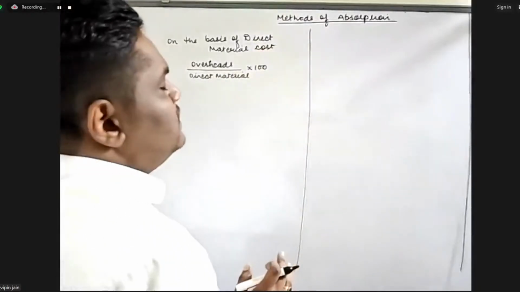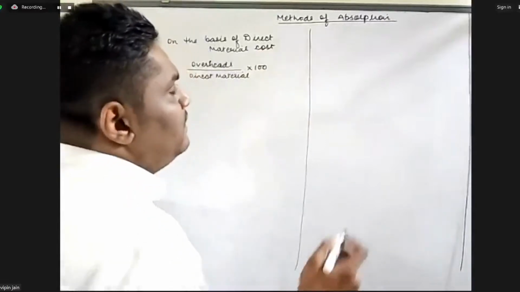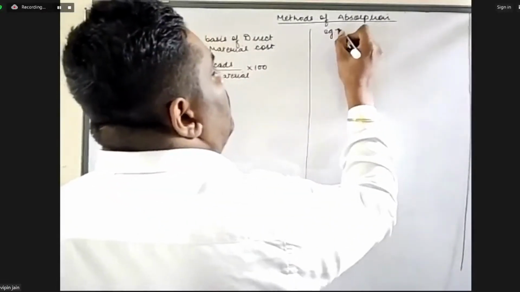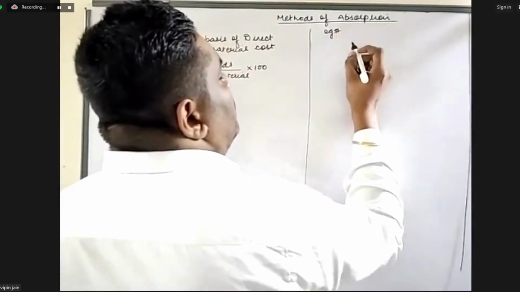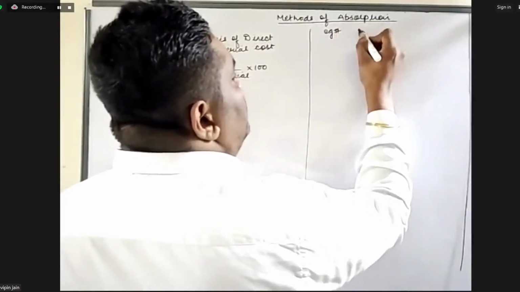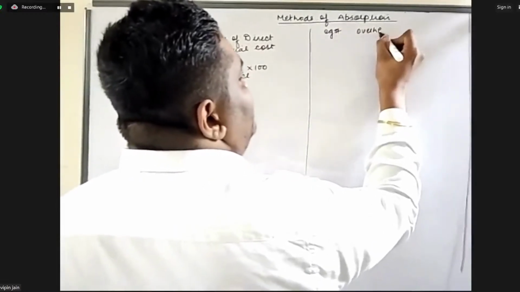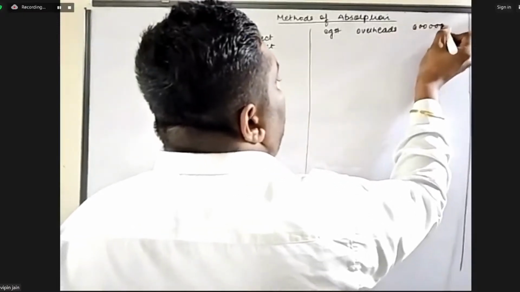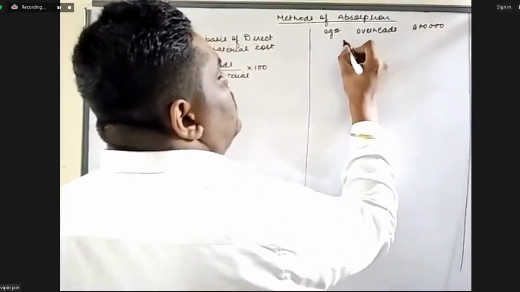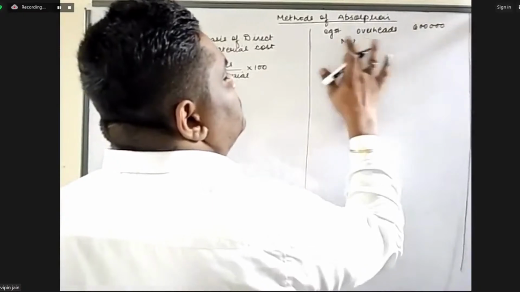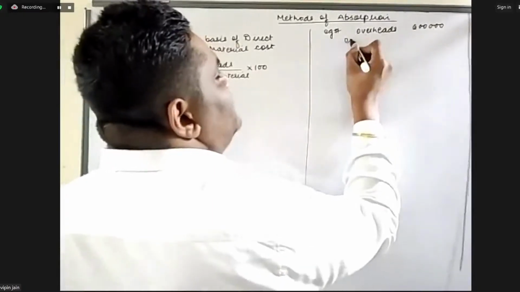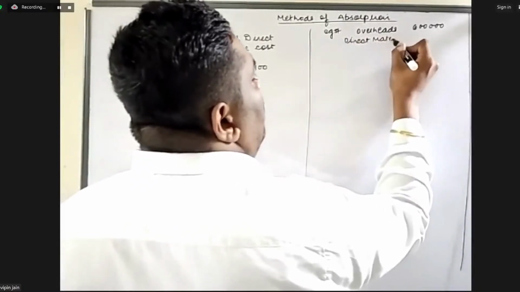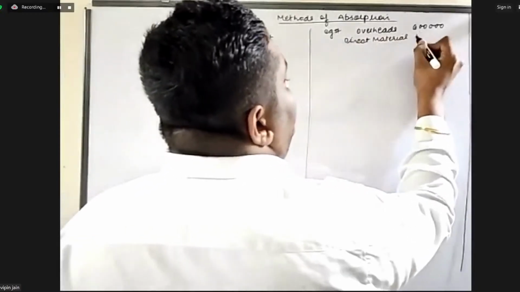Let me discuss this concept with the help of an example. Let's say I have a factory wherein the overheads that are estimated is 6 lakh. Further, the direct material cost is 10 lakh.